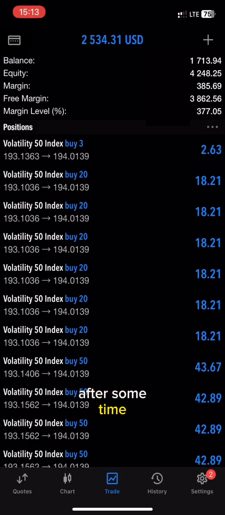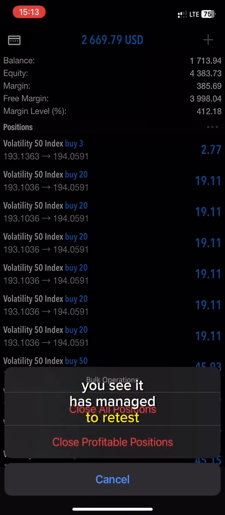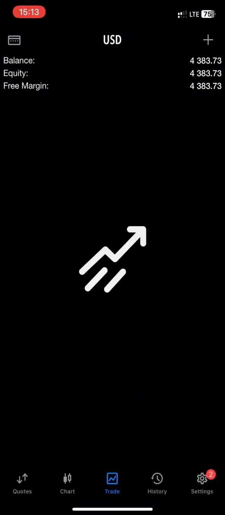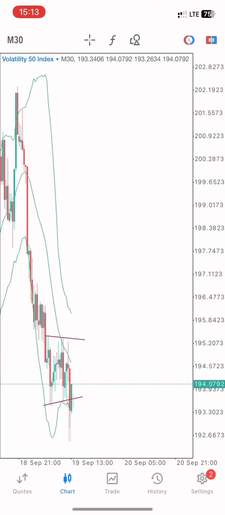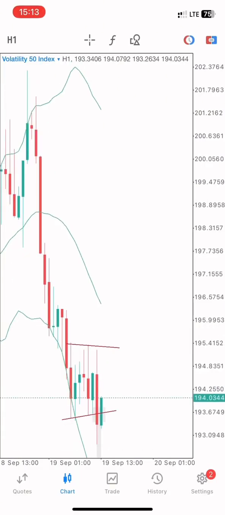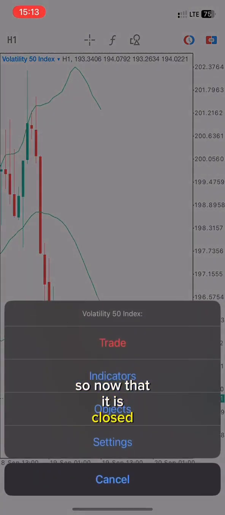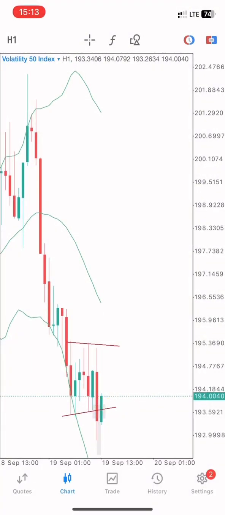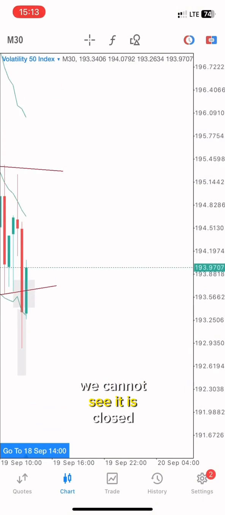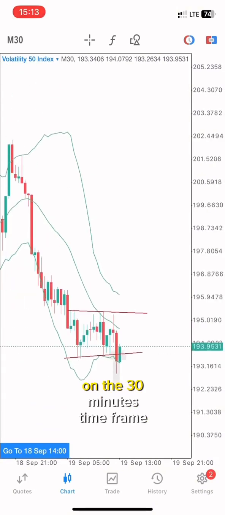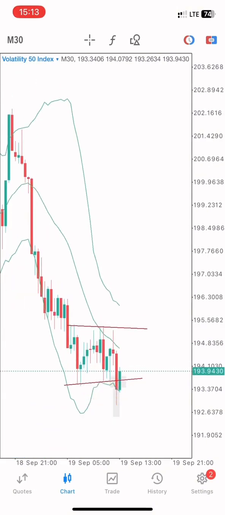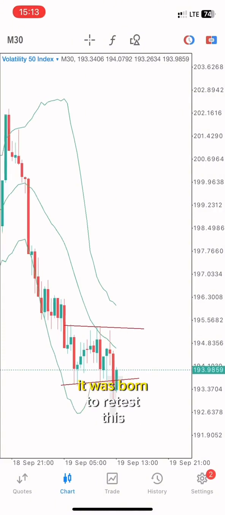After some time, you see it has managed to retest, and I will close. So now that it is closed inside, we can see it is closed inside on the 30 minutes time frame, and since it has touched the bottom Bollinger Band, it was bound to retest.